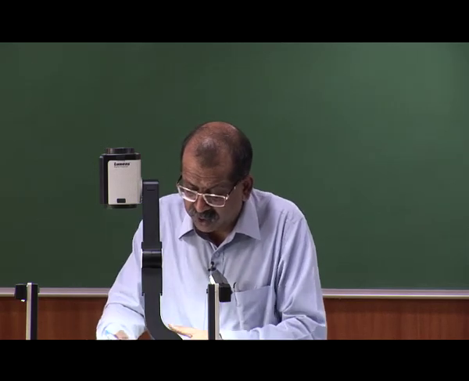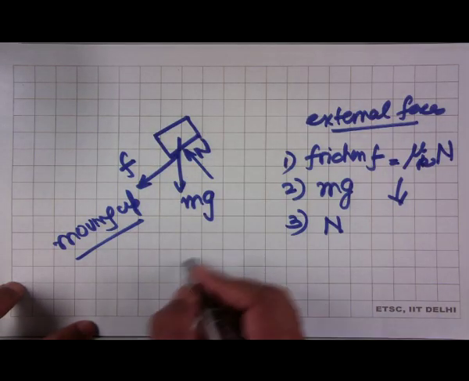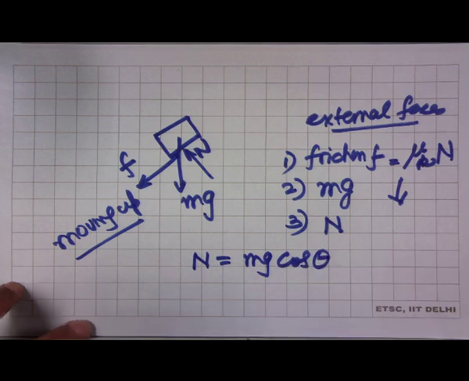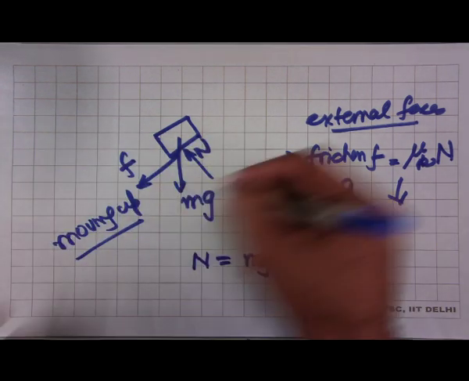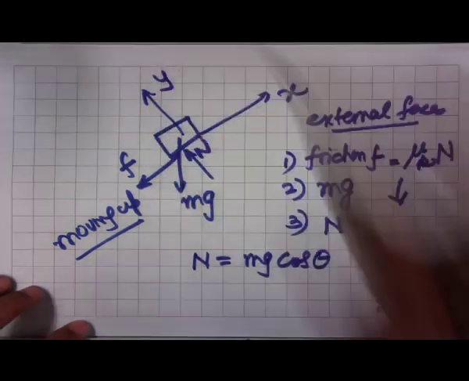Now, when we look at it, n is equal to mg cos theta. Let me call this the x direction, and let me call this the y direction.